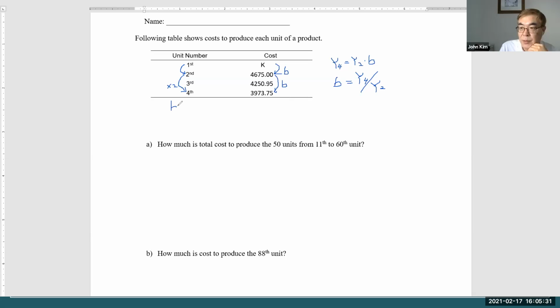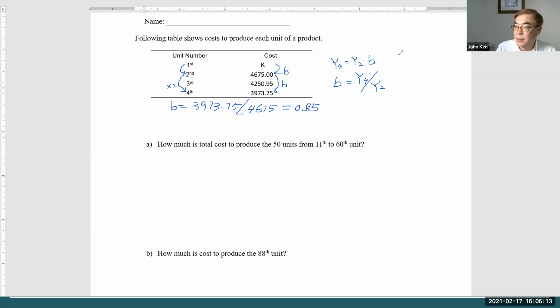So B equals Y fourth divided by Y second, 4,675, equals 0.85, 85%.